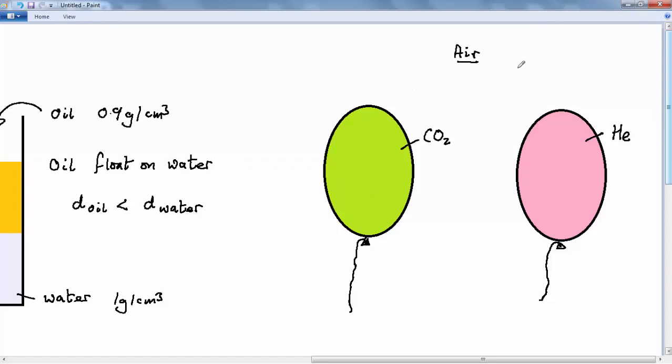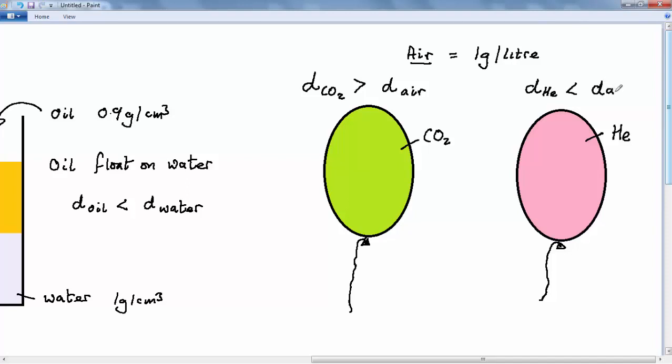Air has a density of typically about 1 gram per litre, but that's not really important here. What's important is that the density of carbon dioxide is greater than the density of air, whereas the density of helium gas is less than the density of air.